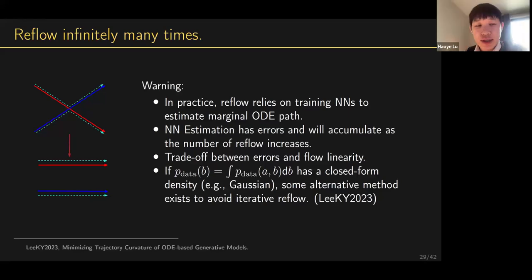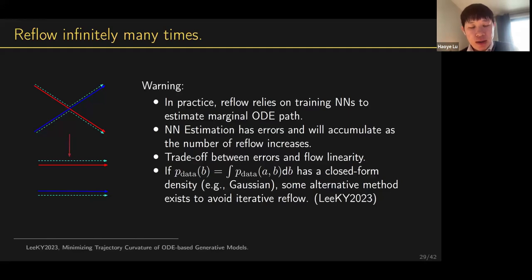I think if you do it in the latent space, it's probably cheaper, but the same problem will be preserved. Do they actually do reflow when they are training these large diffusion models, the large flow models like Flux or SD3? Do you know whether they are actually doing reflow at all?